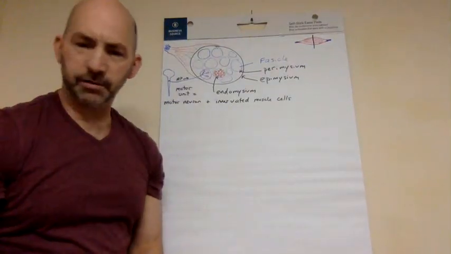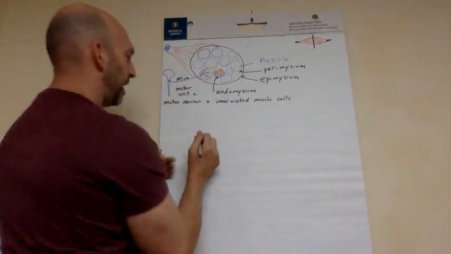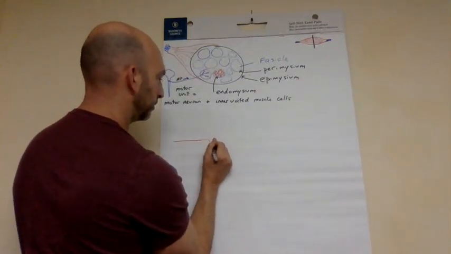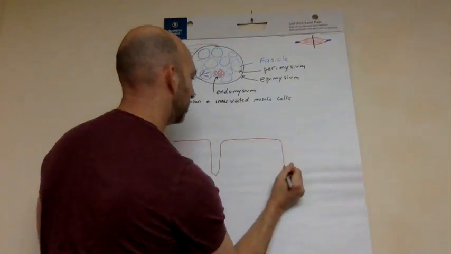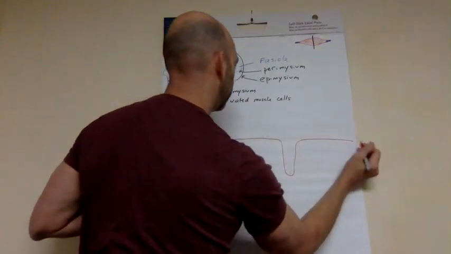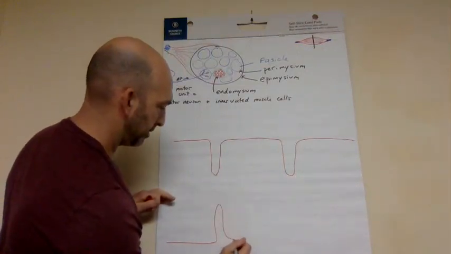And so if we draw, drop my red, if we draw an individual muscle cell now, these are odd cells. Right, and the other end of the cells over here.